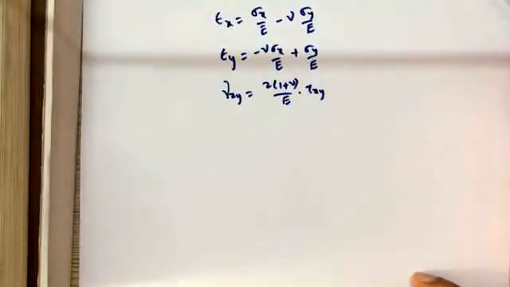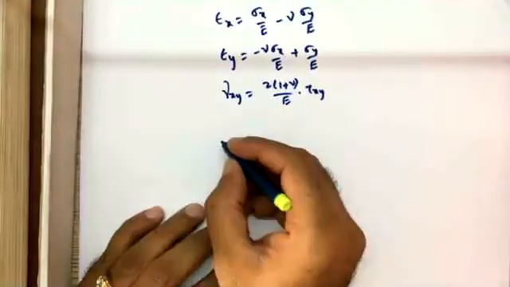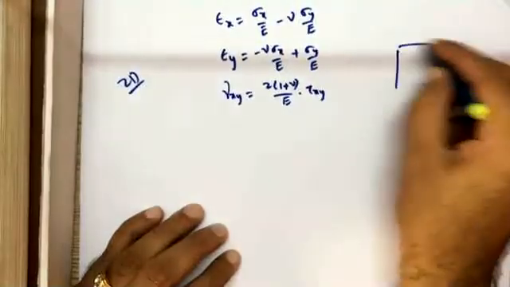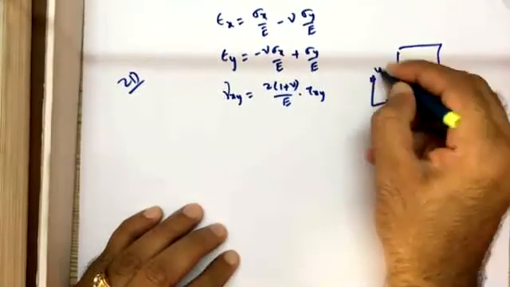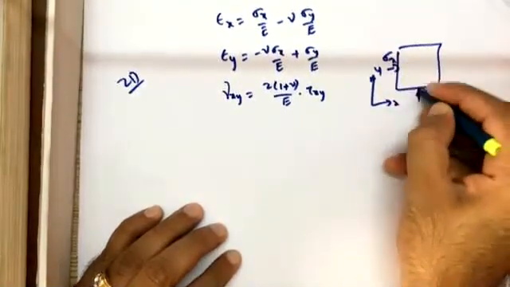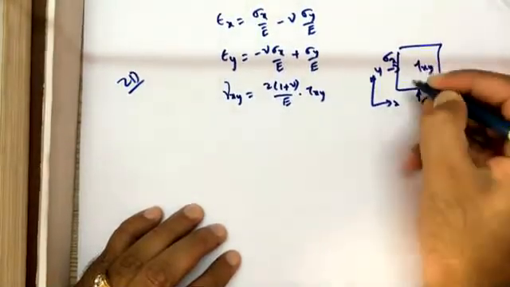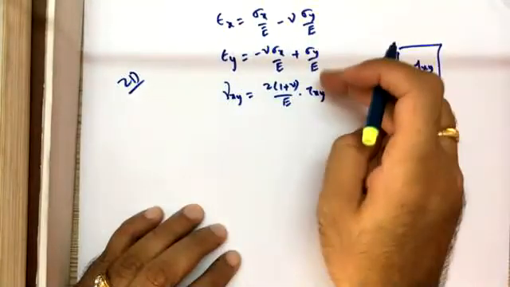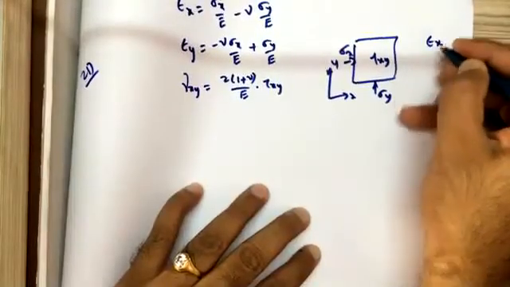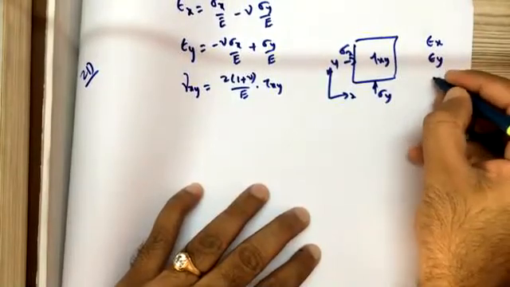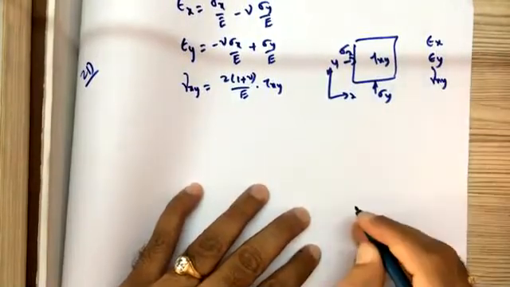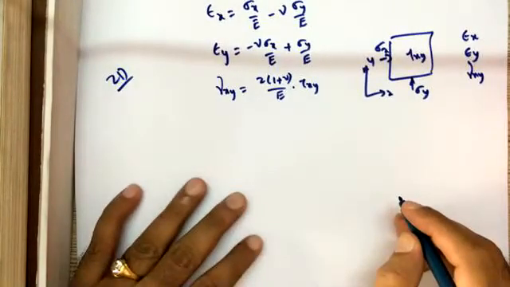If I write this in matrix form, because in 2D we have two normal stresses, sigma x and sigma y, and one shear stress, tau xy. Similarly, we have two normal strains, epsilon x and epsilon y, and one in-plane shear strain, gamma xy.